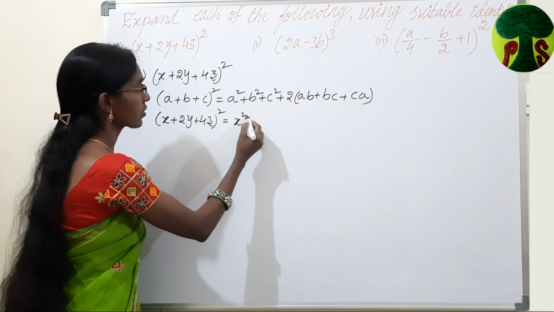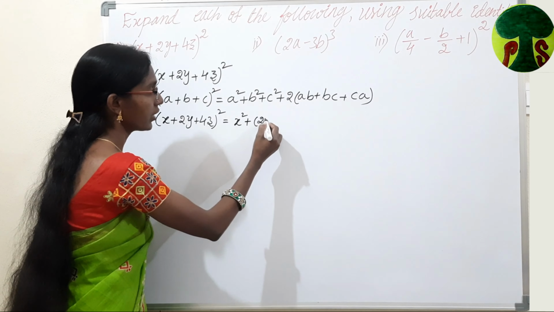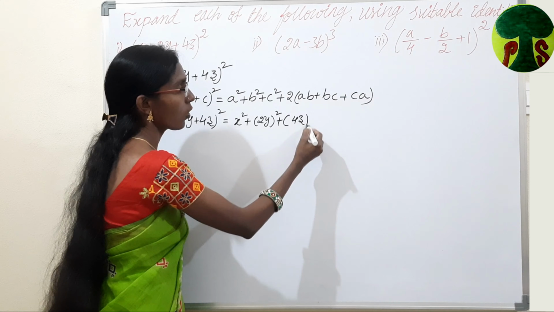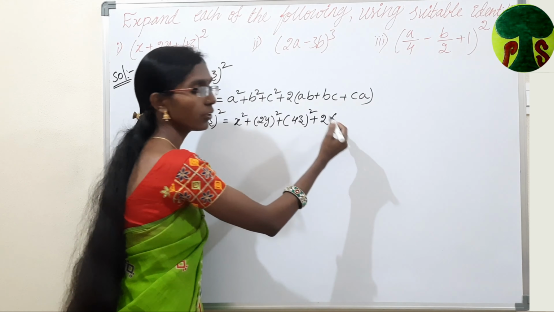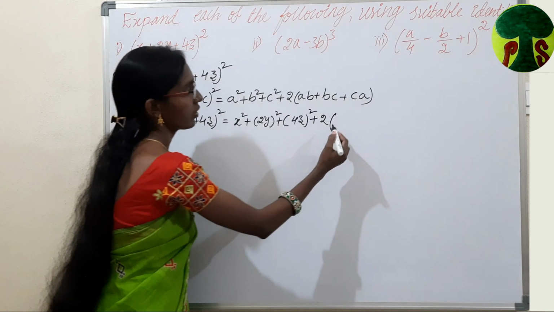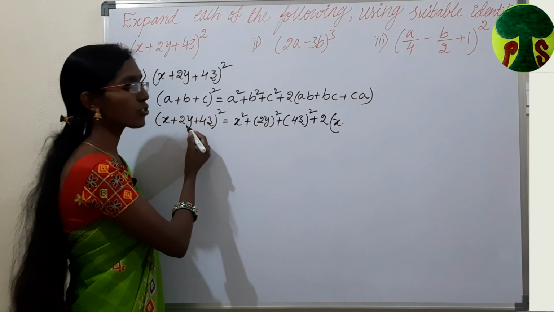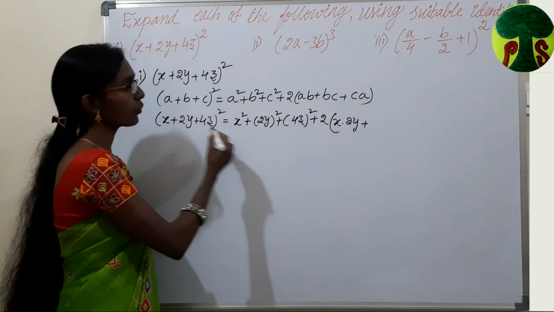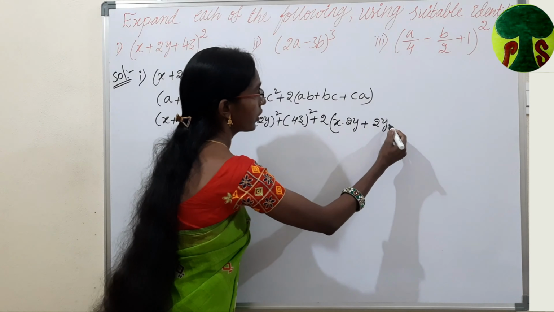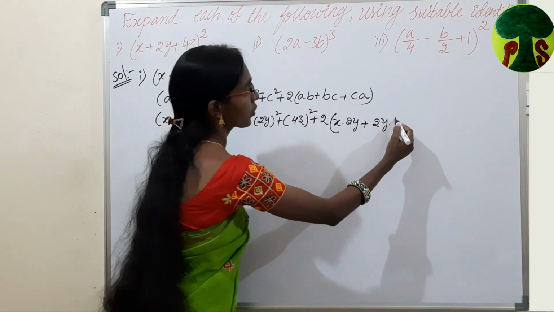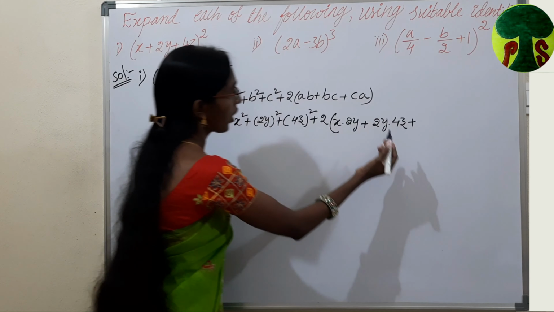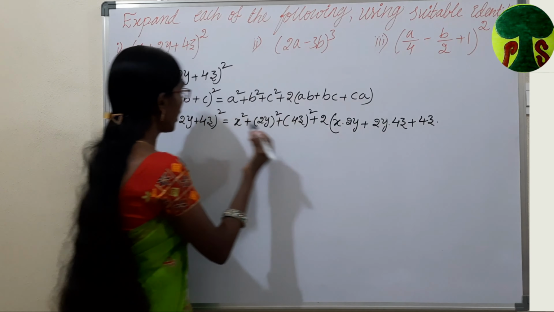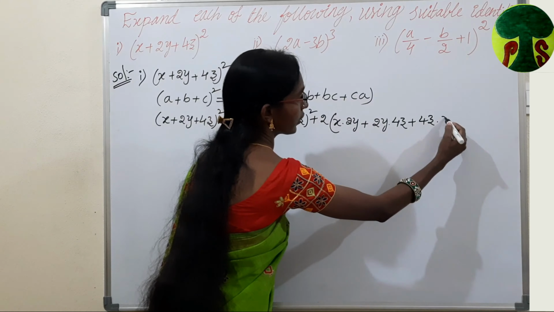So x square plus (2y) whole square plus (4z) whole square plus 2 into x into 2y plus 2y into 4z plus 4z into x.